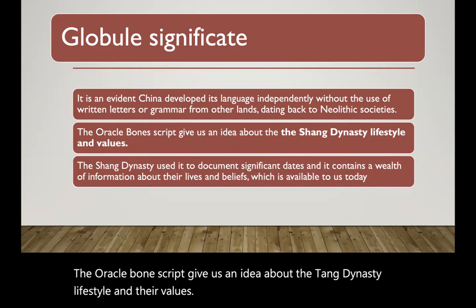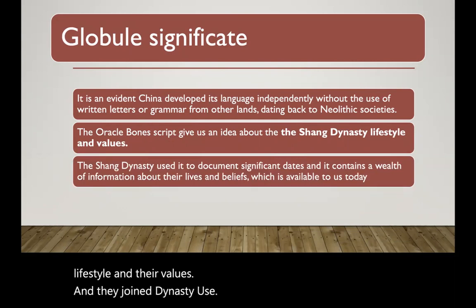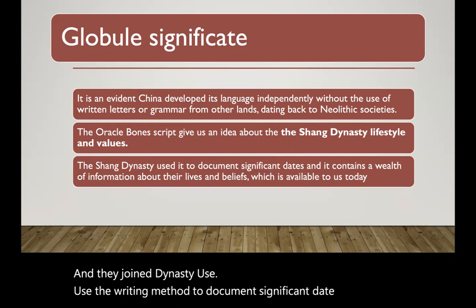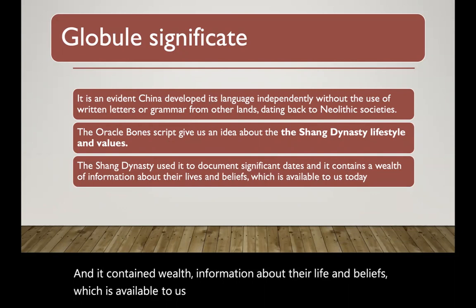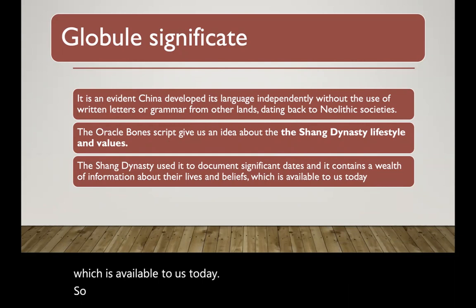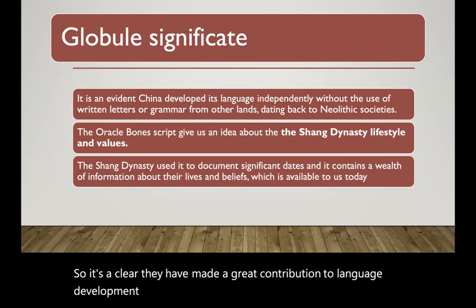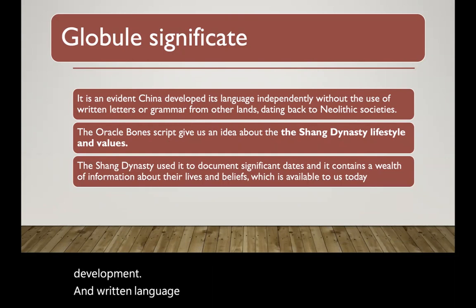They used the writing method to document significant dates, and it contained wealth of information about their life and beliefs, which is available to us today. So it's clear they made a great contribution to the development of written language and to global history.